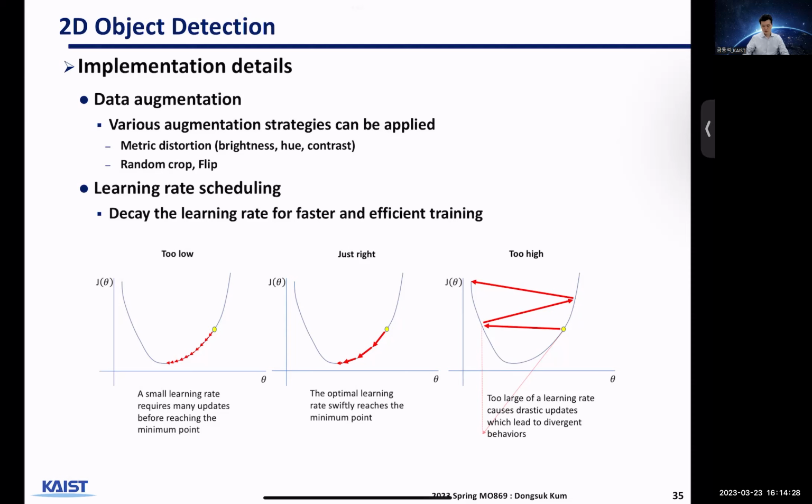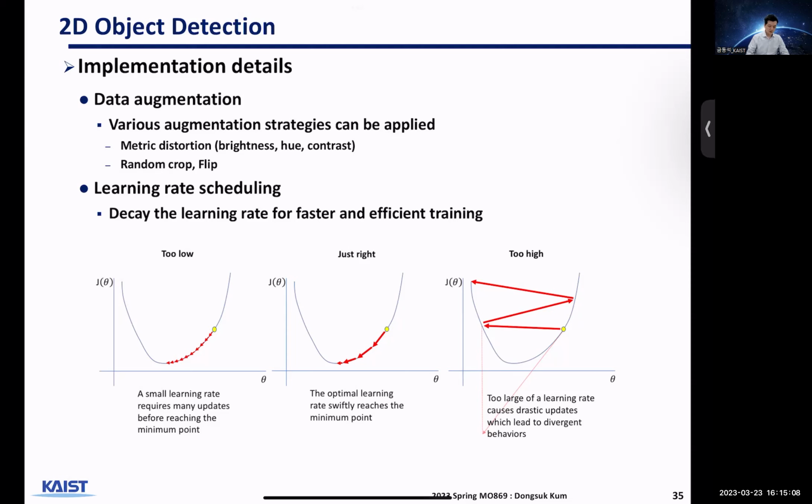Sometimes it's also known as a regularization technique, because the data is not sufficient, it's not diverse enough. Then sometimes we can regularize this network by data augmentation, meaning that we try to create somewhat artificial data by augmenting the original data. So there's cropping, flipping, there are different techniques.